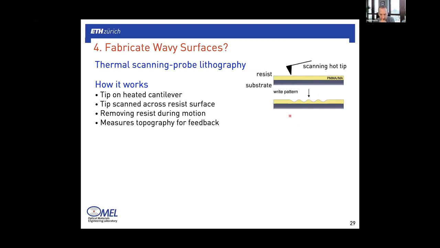And what's nice is, since this is essentially a fancy AFM, you can measure topography as you go along and use that for feedback to kind of refine the pattern as you go.